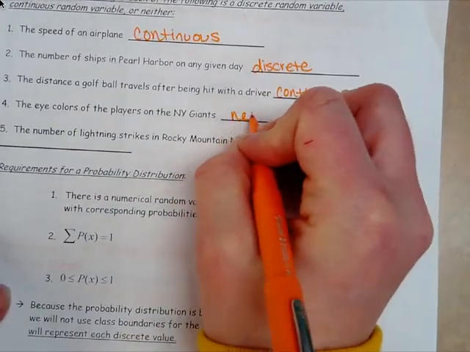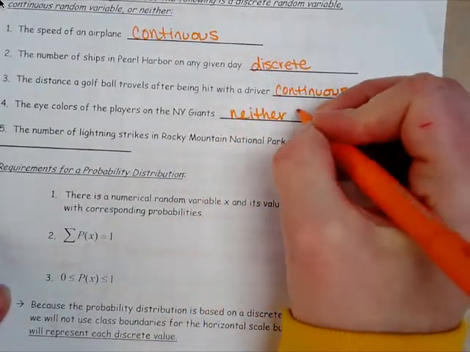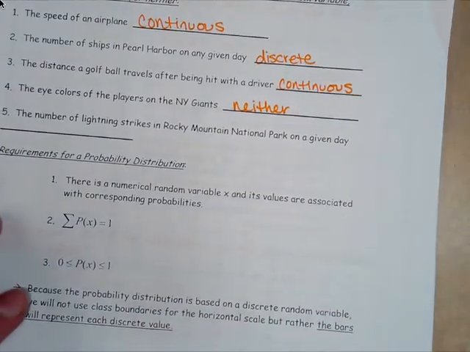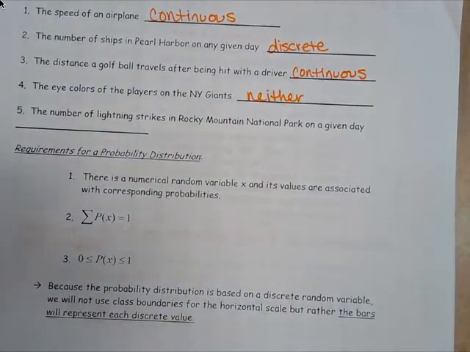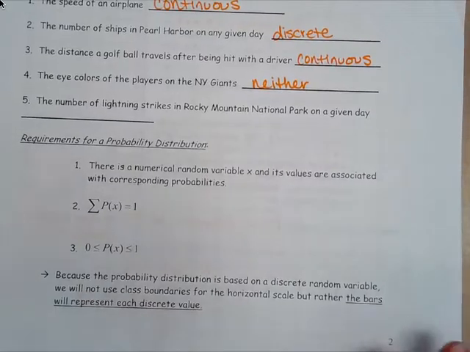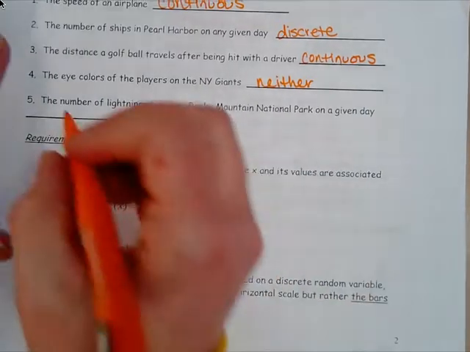So that would be neither. If they said number of people with brown eyes, we could do that because we can count the number of people with brown eyes. It has to be numeric. The number of lightning strikes in Rocky Mountain National Park on a given day. Yeah, discrete. We can count that.